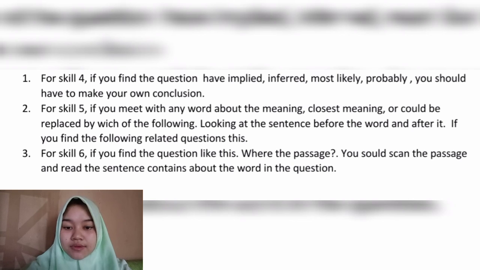And last, for skill 6, if you find a question like this, where in the passage, you should scan the passage and read the sentence containing the word in the question.